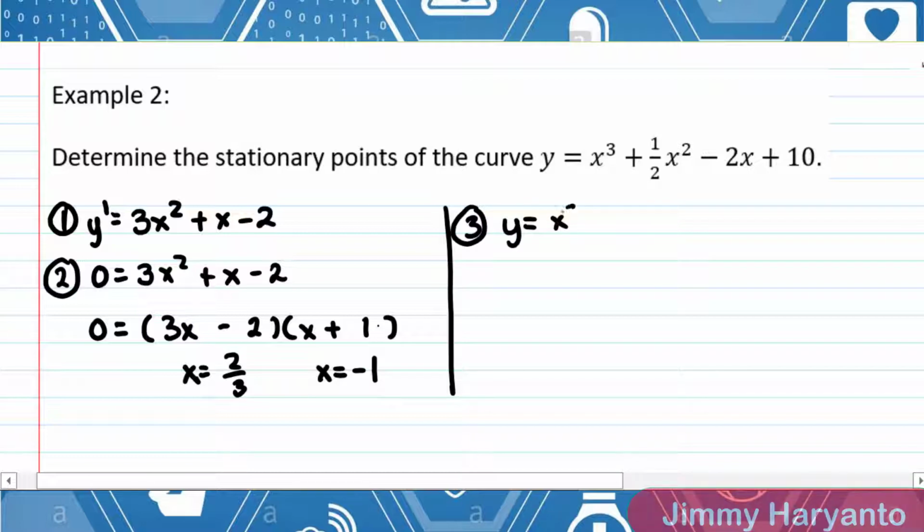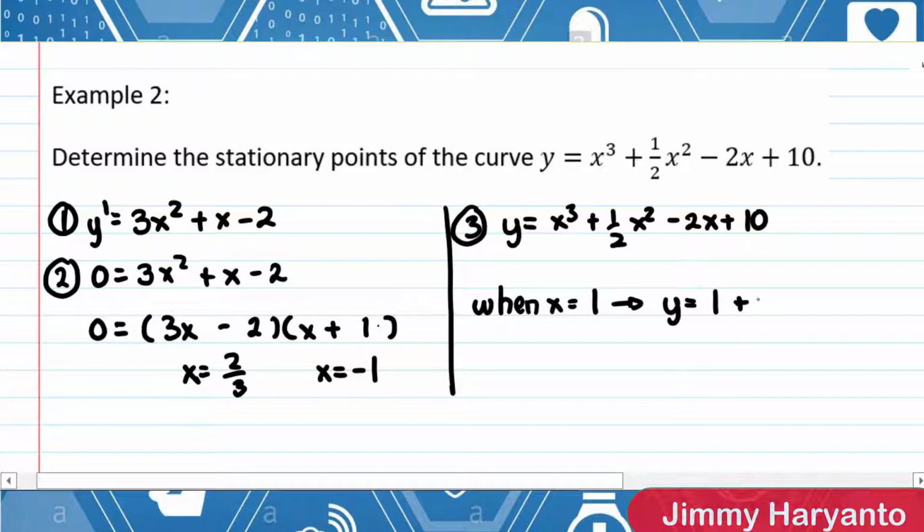So y equals x cubed plus half x squared minus 2x plus 10. And then when x equals 1, that means the value of y is 1 plus half minus 2 plus 10. Yeah, so I will calculate y later.